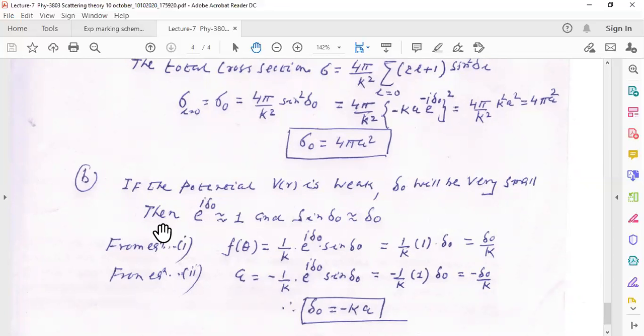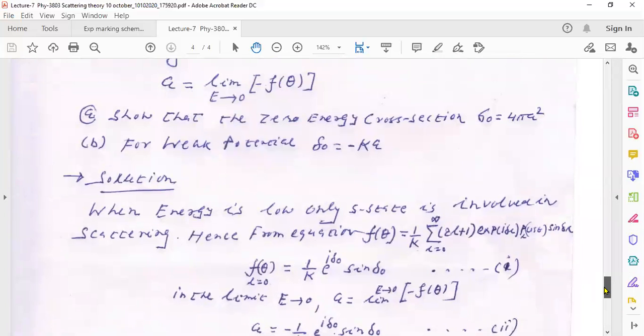Now you see from equation 1, which is here. F theta is equal to 1 upon k e to the power of I delta 0 sine delta 0. This is the equation which we have calculated for L equal to 0, where k is a wave vector which should be small.